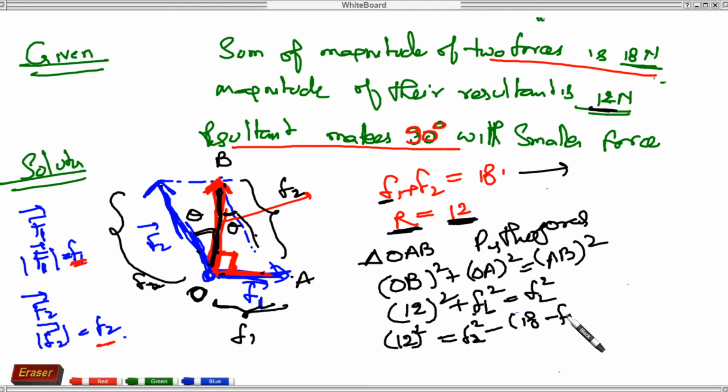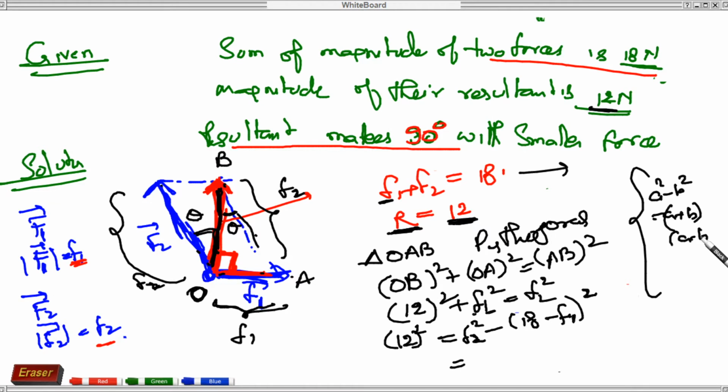As a squared minus b squared is equal to a plus b into a minus b, we get F2 plus 18 minus F2 times F2 minus 18 plus F2.